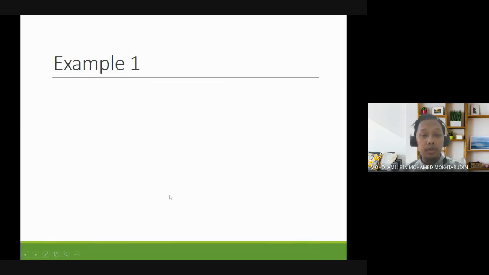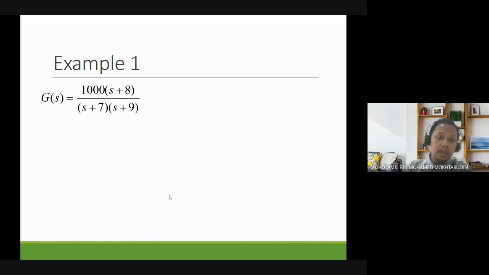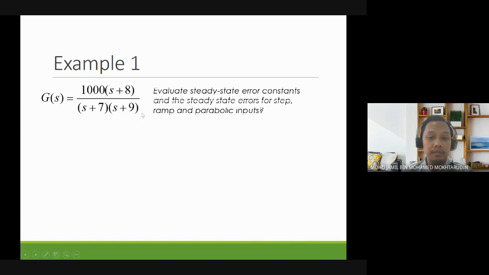Okay, so let's look at an example. Let's say you are given G(s) equals 1000 times (s plus 8) divided by (s plus 7) times (s plus 9). Evaluate the steady state error constant and the steady state error for step, ramp, and parabolic input.